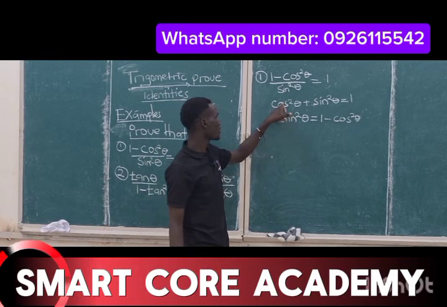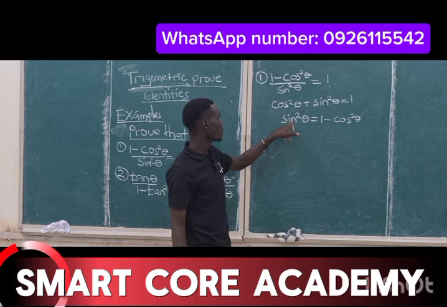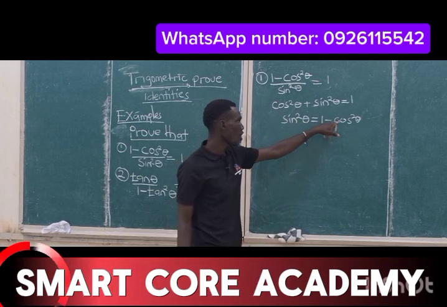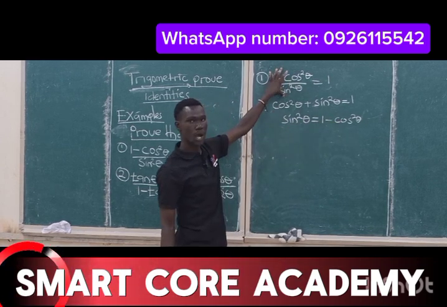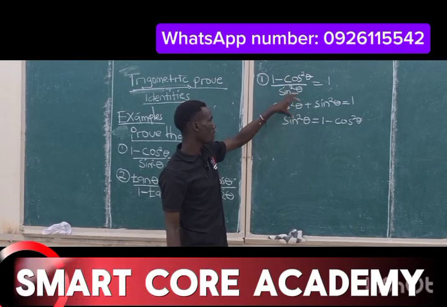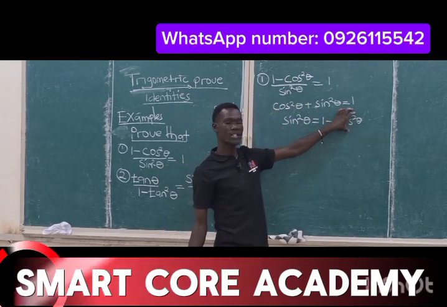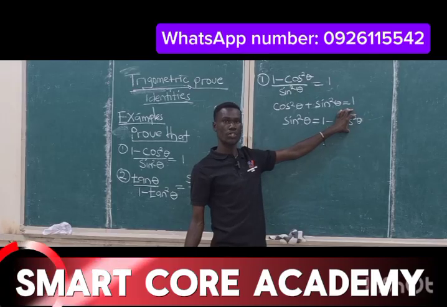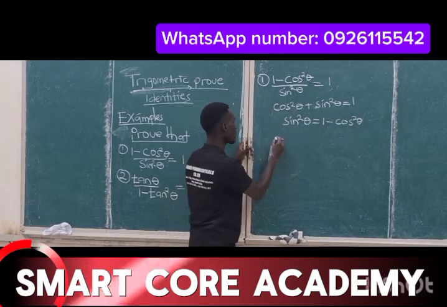So we have made sine square theta the subject of the equation. Now we go back to our identity which is given to us. Wherever there is sine square theta, we will replace it with 1 minus cos square theta. Now let's come down.